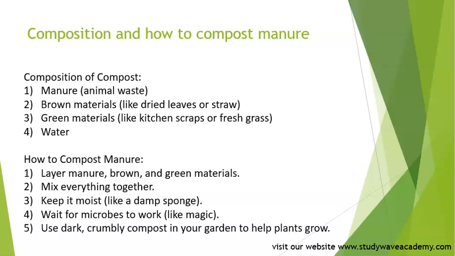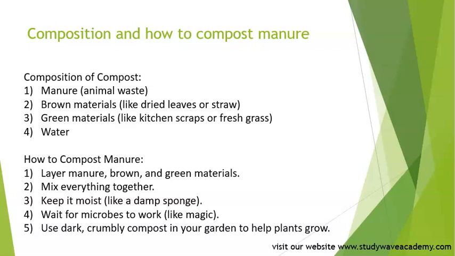So when you have gotten these materials, how do you compost this manure? You lay it first, then start by adding the manure, add the brown materials, then the green materials, mix it together. If you still have some left, you add bit by bit. Then when you finish mixing and you have made sure that they have mixed well, you add a little water.